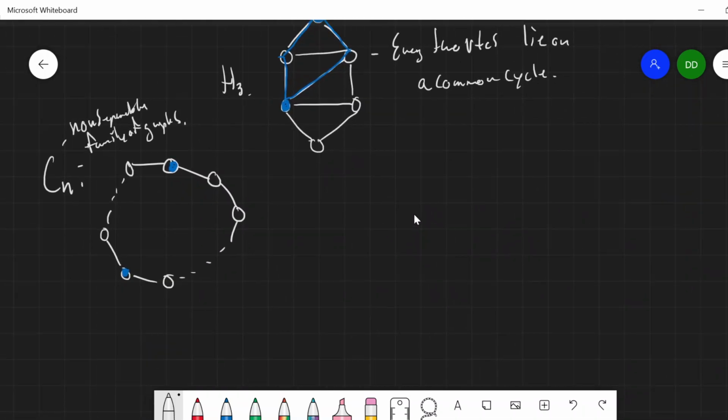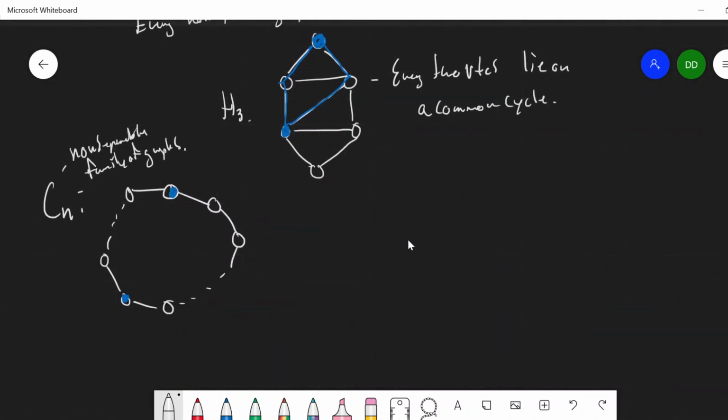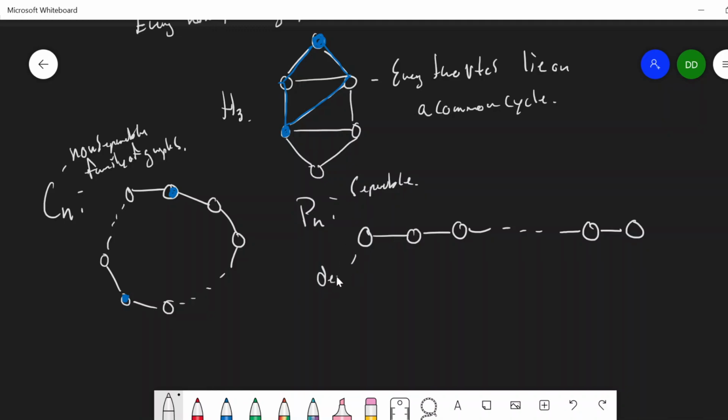The other thing I want to point out is, let's look at a separable graph. Remember, paths were separable graphs. So here we'll take a path Pn. This is separable. And I want to point out here we have a vertex of degree 1. Notice that its neighbor is a cut vertex.